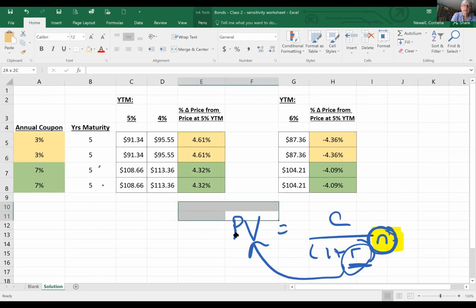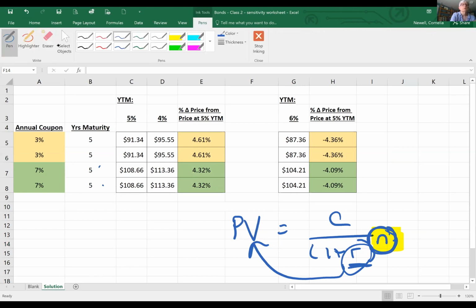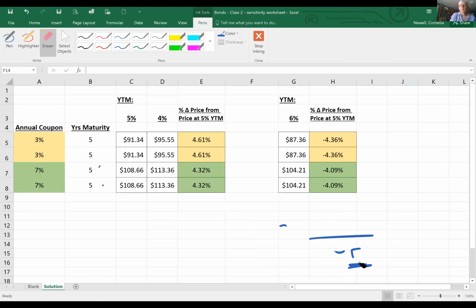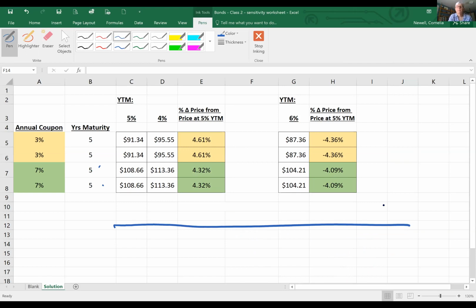So what's happening here with our coupons is that if we look at our timeline, here's our timeline. The biggest payment you're going to get is out here with your face value. Your coupons are little payments.